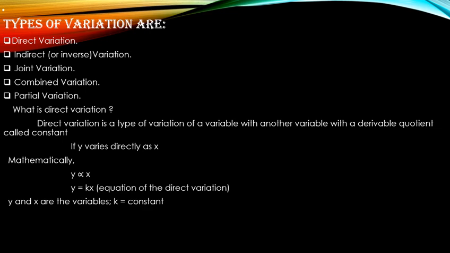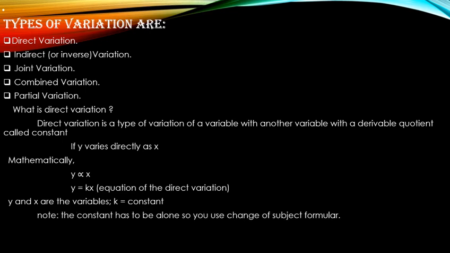Once you remove the proportional sign, the letter at the front is equals to the constant, then your variable. This is the equation of the direct variation. y and x are variables, k is constant, as I have explained.